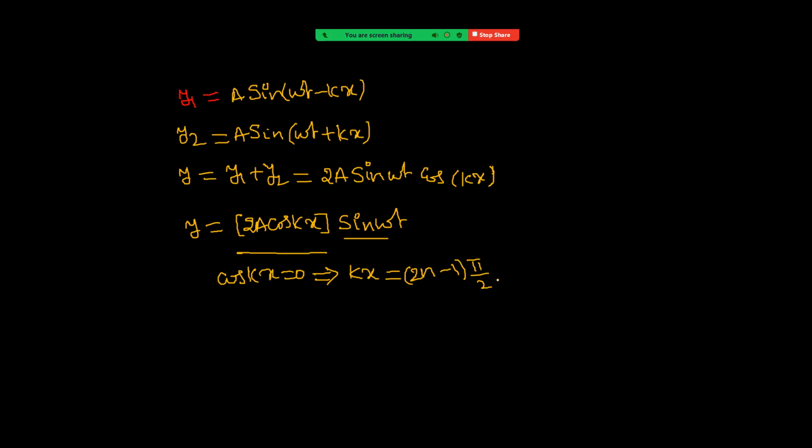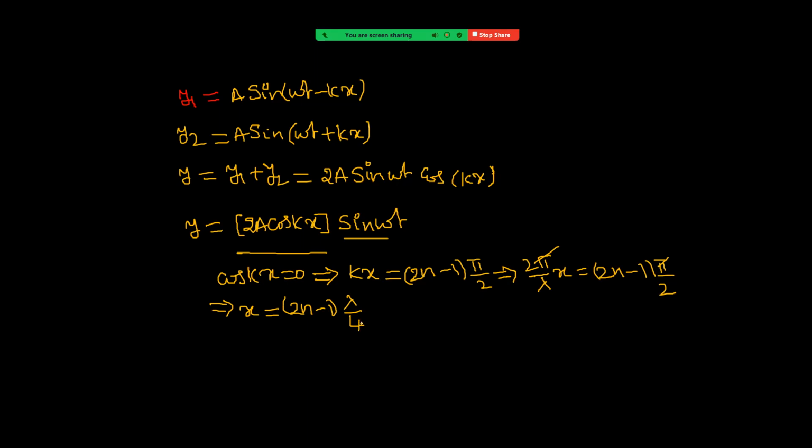Then in the place of k, 2 pi by lambda into x equals (2n minus 1) into pi by 2. So pi gets cancelled. From this we get x value is (2n minus 1) into lambda by 4.